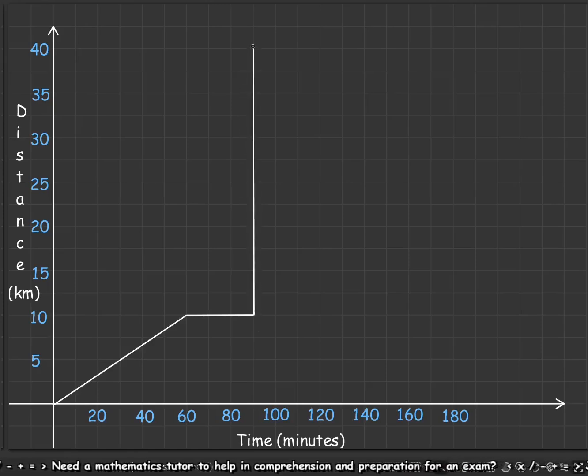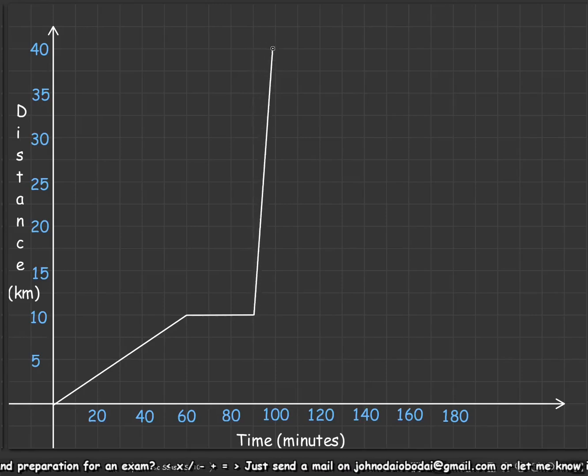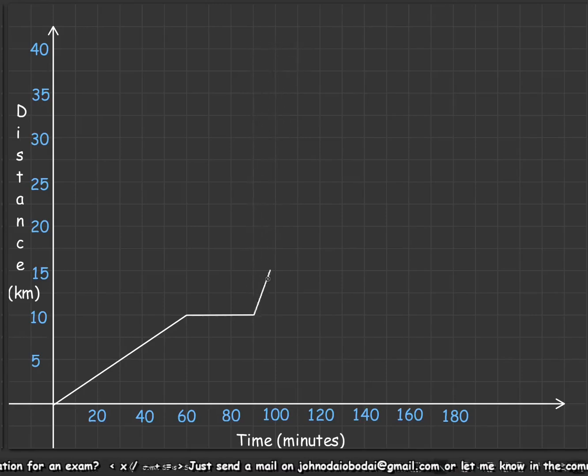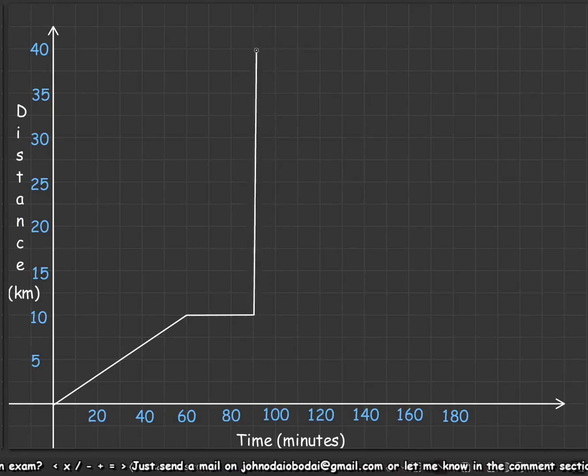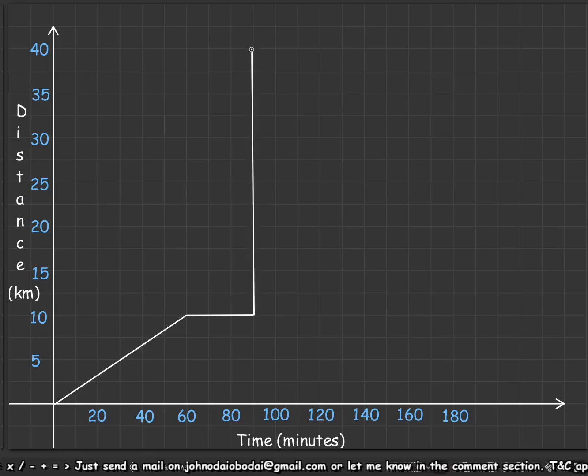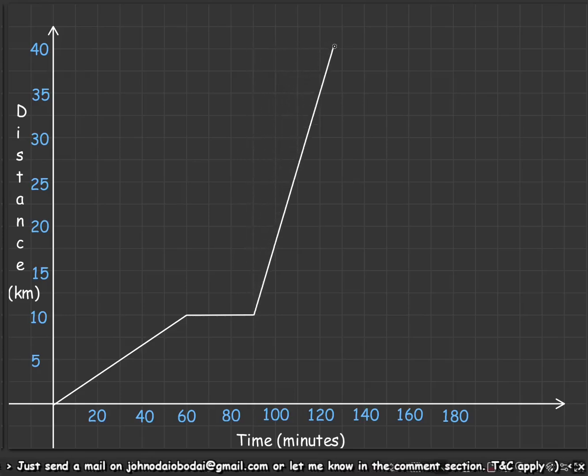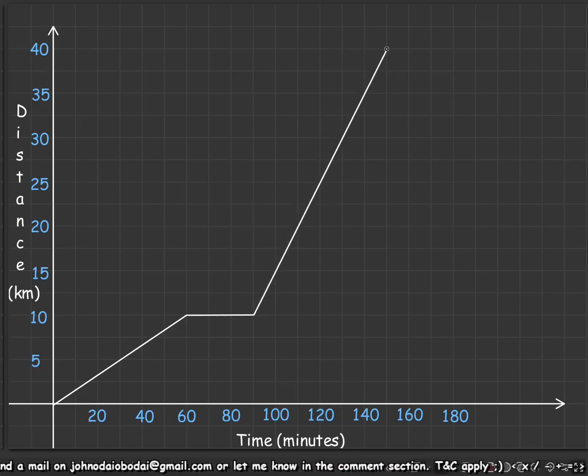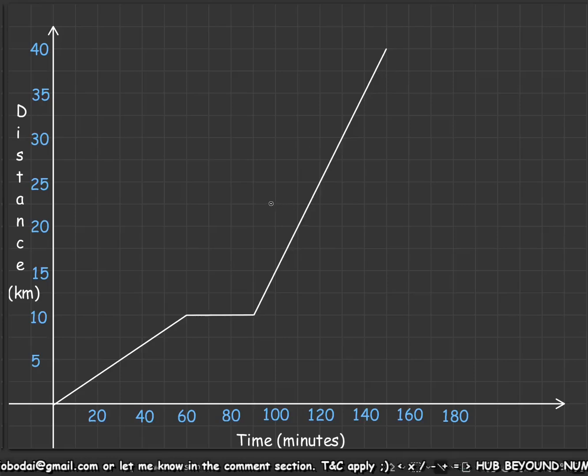And he wants to get here. And in as much as he wants to get there, we are being told that he reached there 60 minutes later. We know 2 centimeters is to 20 minutes. So this is 20 from this point. I'm taking it right from this point. So 20, 40, and then 60. You get it? So this will represent our graph.